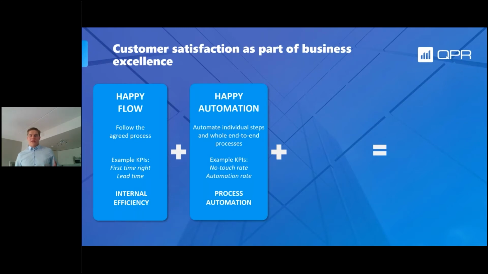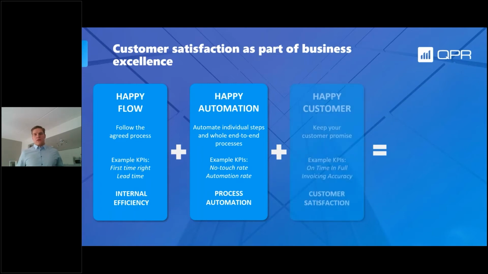Then you would like to have automation. With automation, you are able to cut costs, do things faster, and do more things in the same time. You can have automation for specific process activities, or for the whole end-to-end process, which is typically the end goal, at least in automation implementations. So now we have internal efficiency and process automation. And the third box is customer satisfaction.